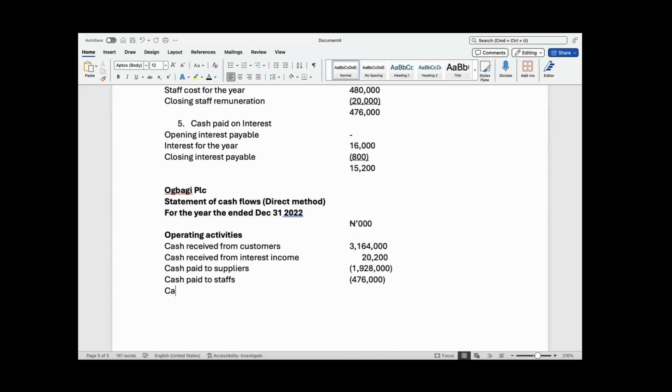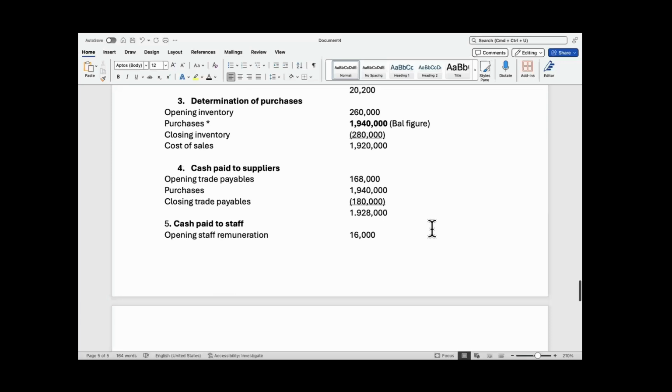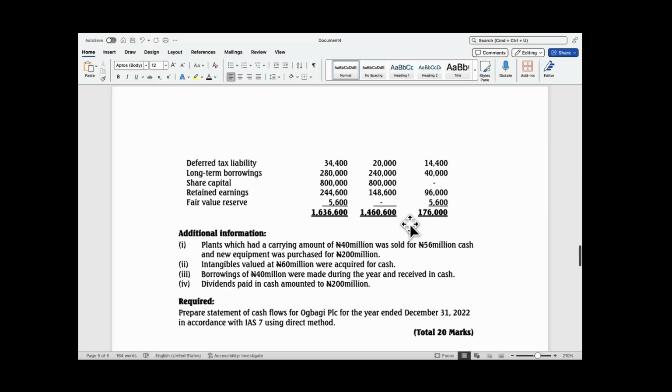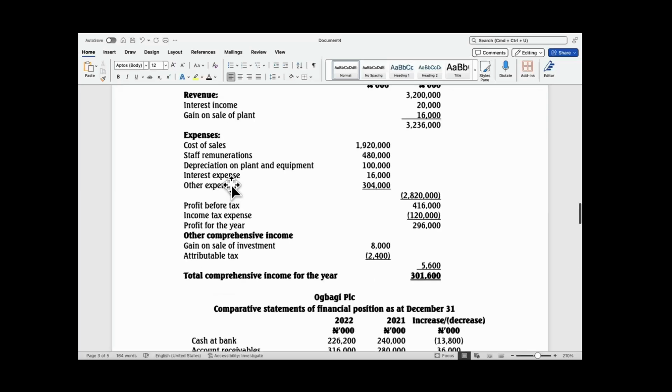You need to understand that interest paid is an outflow. It's important you're able to put it in brackets, otherwise that will also cause problems. The same way again, I go to the next item here, which is other expenses. If you jump one item, it becomes a problem.